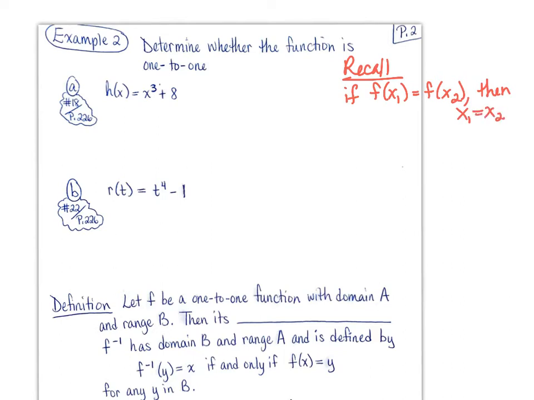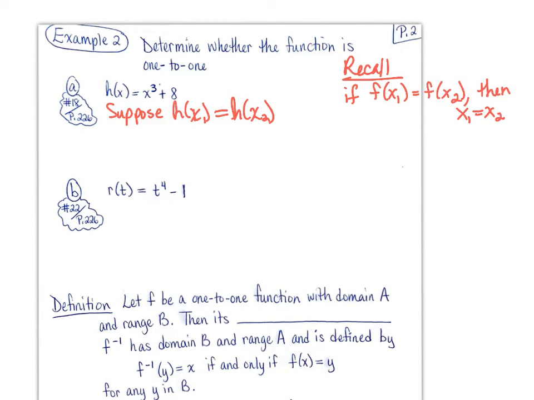So what we're going to do is suppose h of x1 is equal to h of x2, in the hopes that we can perform some algebraic manipulation and get x1 equal to x2. That's the hope. Okay, so let's try it.